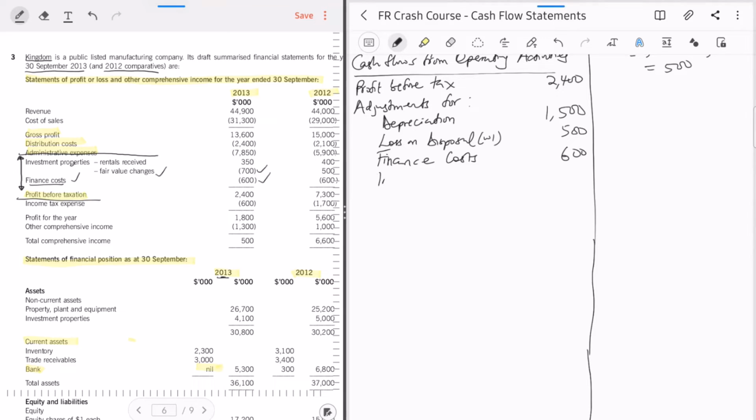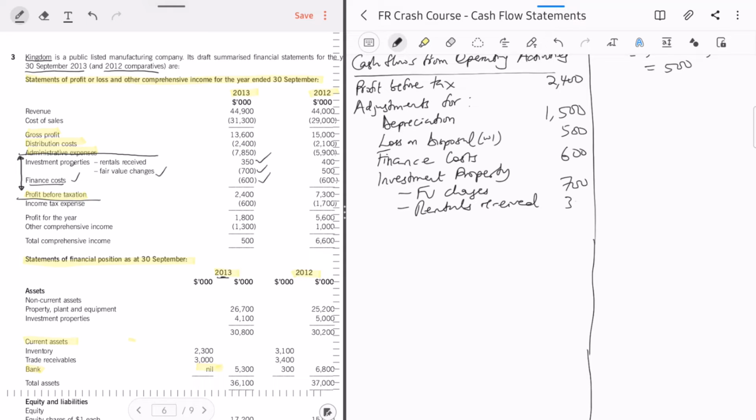So investment property, fair value changes. It is a 700 loss. So I add. Then I have rentals received, 350. That is income, so I will deduct. So rentals received, they said 350. So I'll deduct that from it.